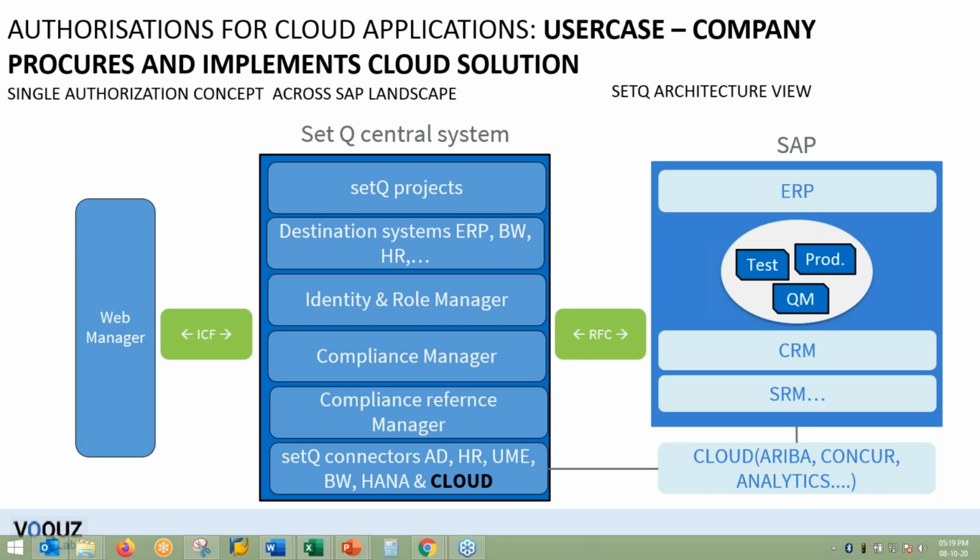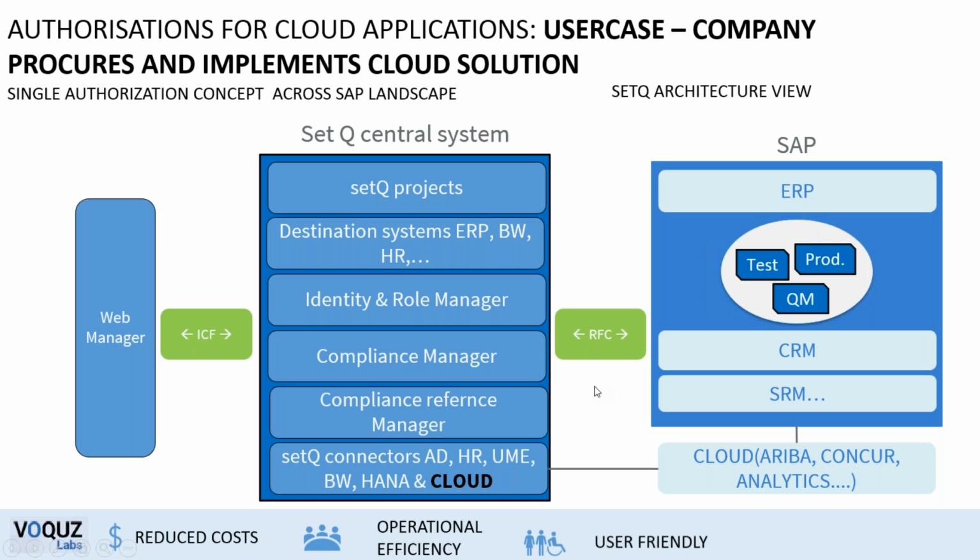We have an identity and role manager. These are different components inside, so we can manage the relevant identities of the users and the roles that they have. We have a compliance manager to ensure that we manage all those segregations of duties and the compliance that your organization puts in place from an internal audit and a legal perspective. We also have a compliance reference manager, and then we have our setQ connectors, as I said here, for different elements, Active Directory, etc. And what we're going to look at, as I said, is the cloud connector and how we link to that.